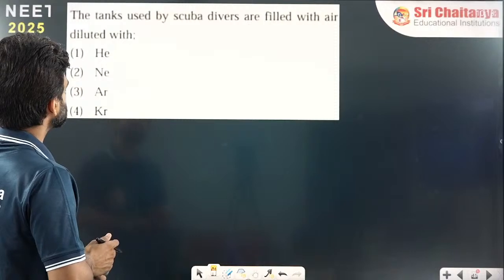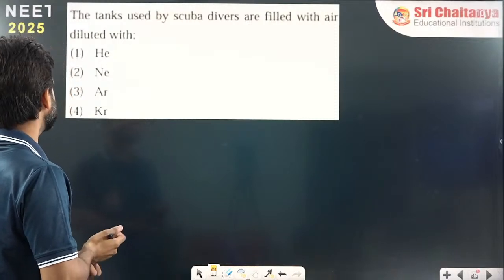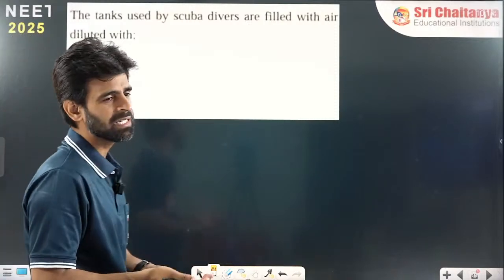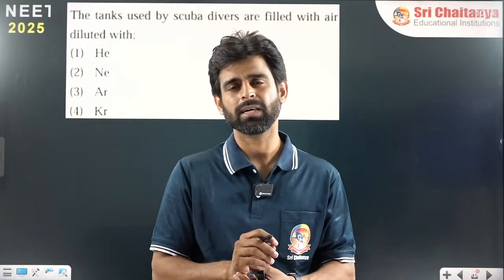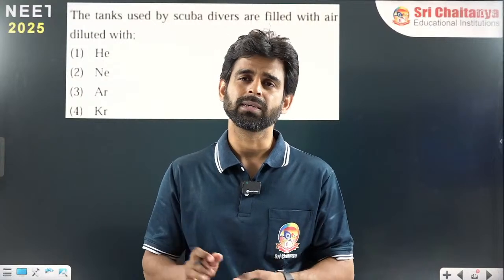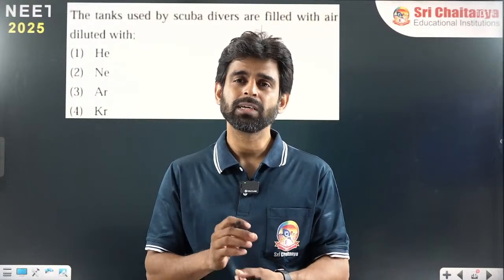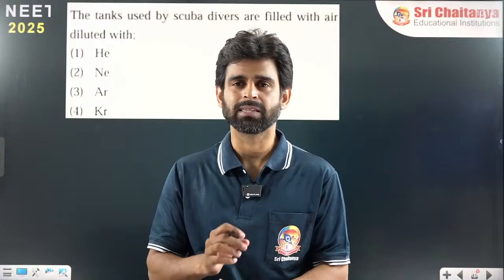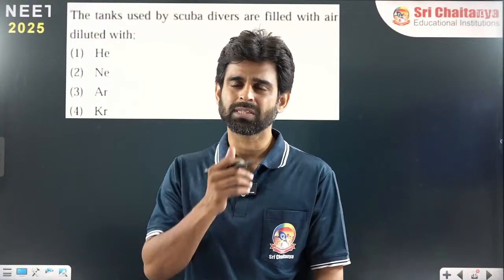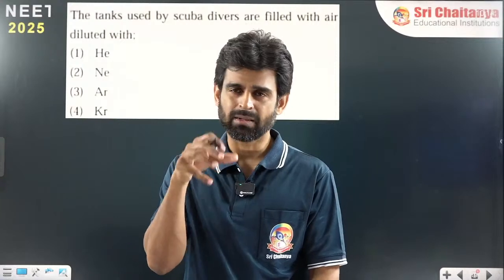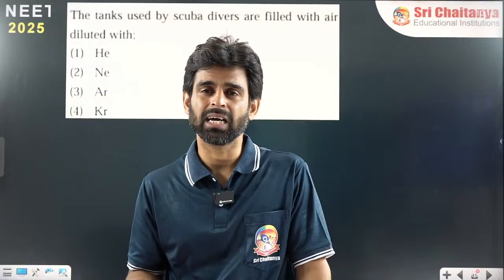The tank used by scuba divers is filled with air diluted with helium; nitrogen and oxygen we carry in our scuba diving, to avoid bends, to avoid the making of bubbles in our blood vessels. Because if you take pure air or pure oxygen in the cylinder and go downside, the solubility of gas will be affected very highly by the pressure.